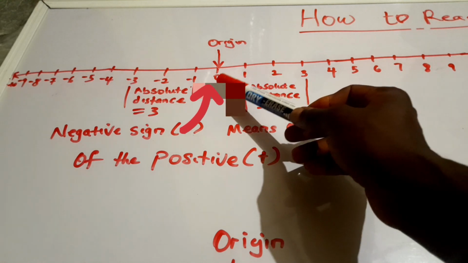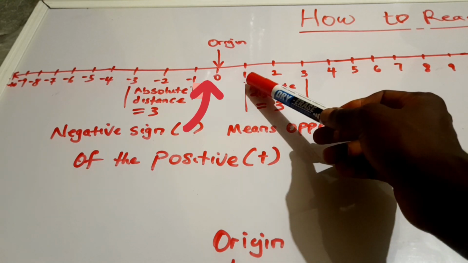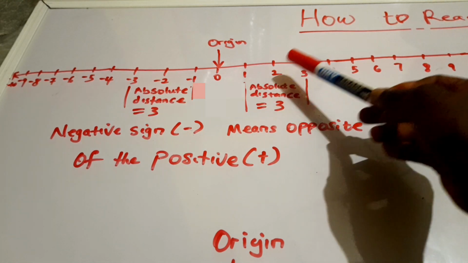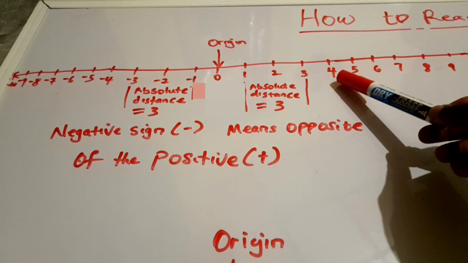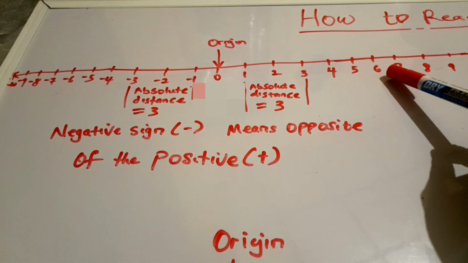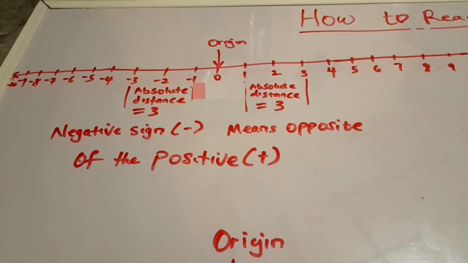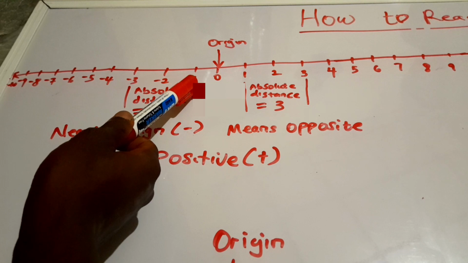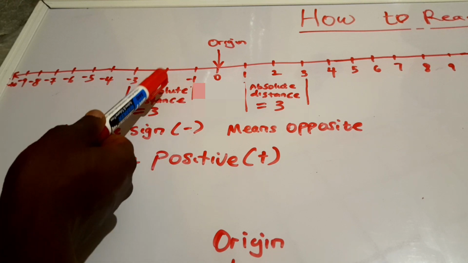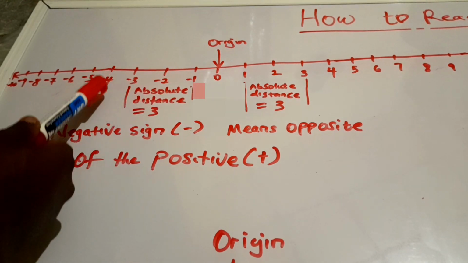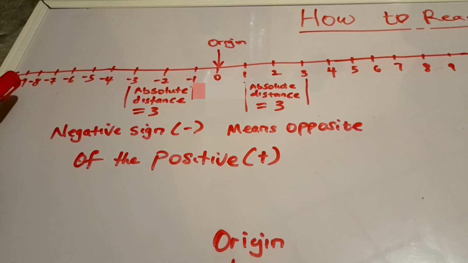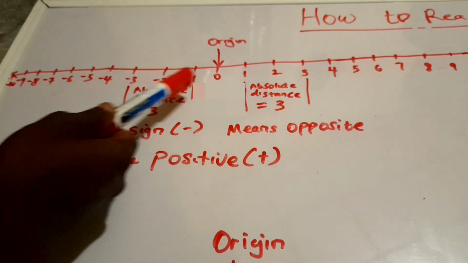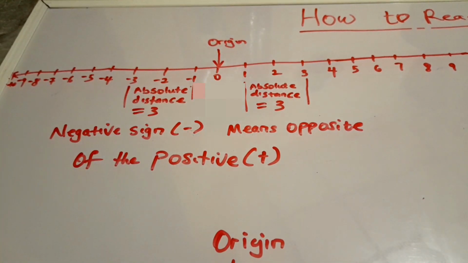So from here to here turns 1, 2, 3, 4, 5, 6, 7, and so on and so forth, gradually increasing. And also, if you check the negative side, you see minus 1, minus 2, minus 3, minus 4. That means that if you start counting from your far left and count towards the right, you see that it is increasing.